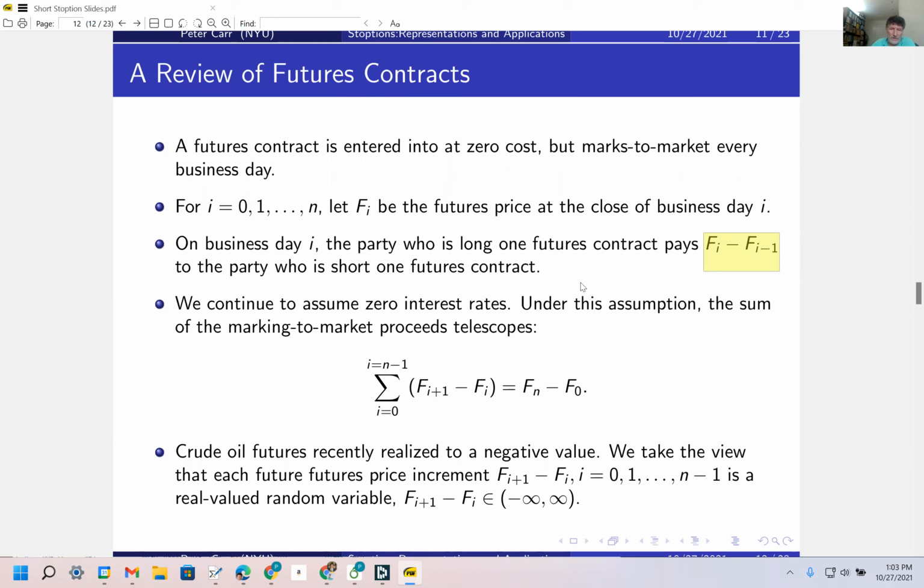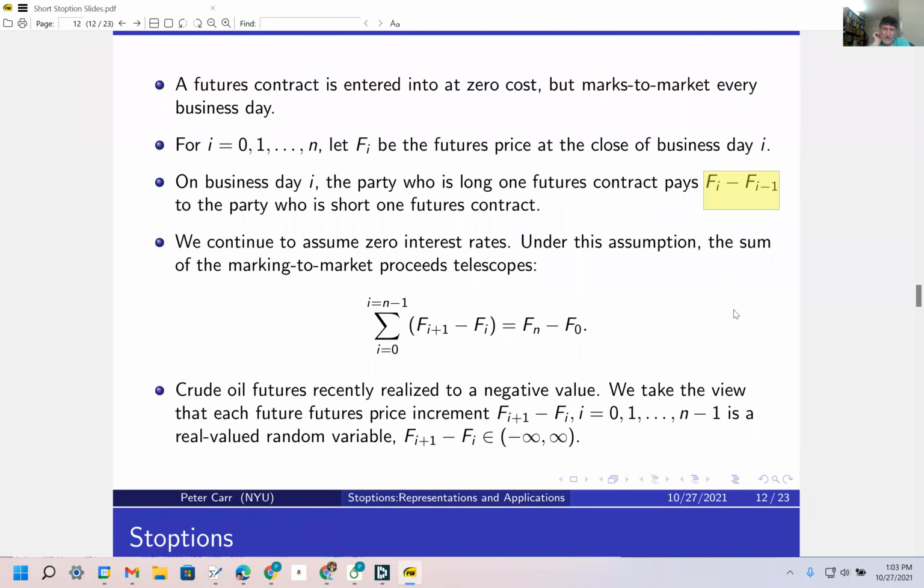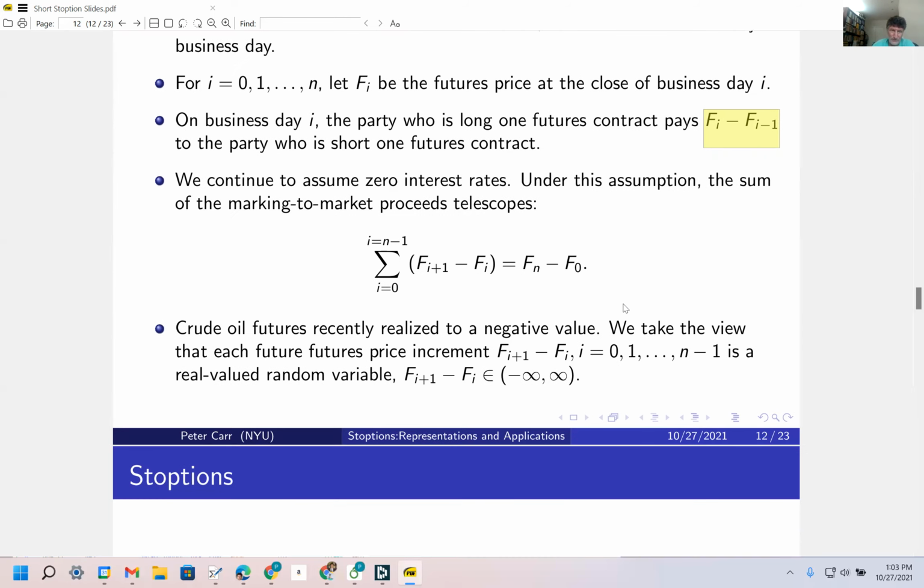So we're going to continue to assume zero interest rates. And so under zero rates, if you have a futures contract alive for n days, then the marking to market proceeds will sort of telescope, and you'll get just final futures price minus initial.